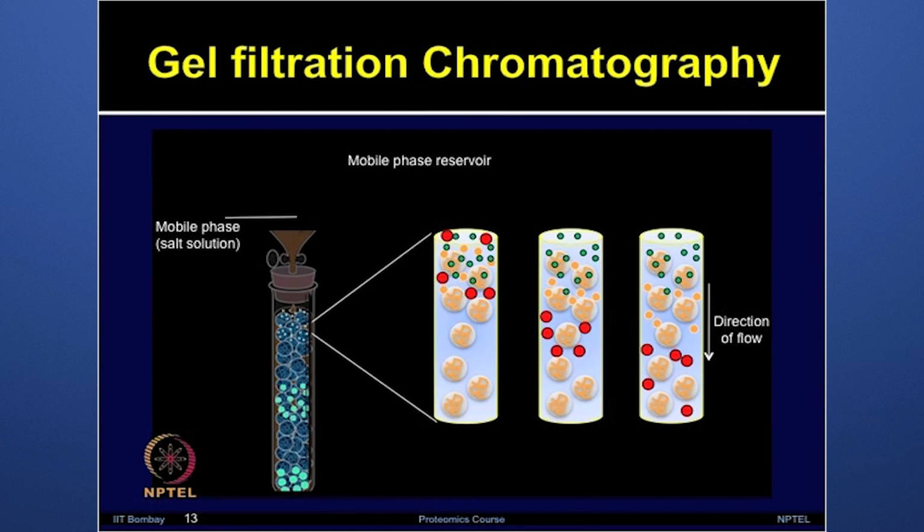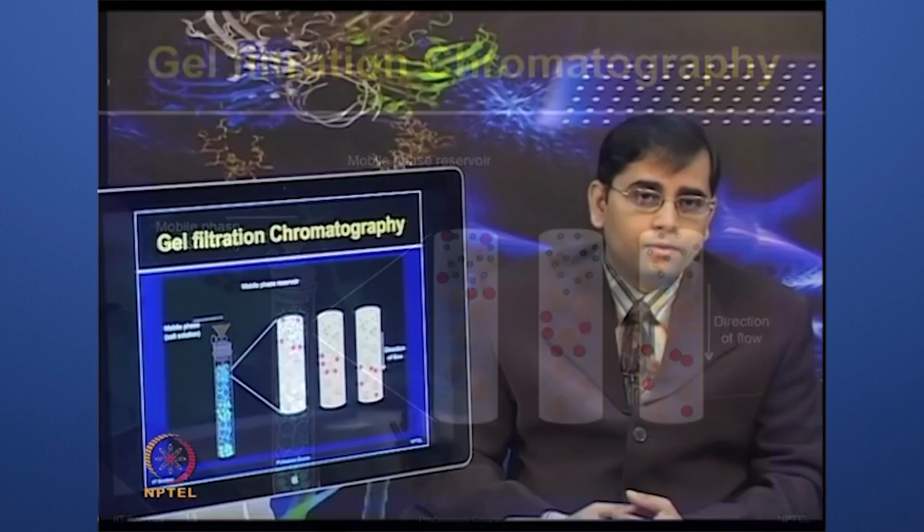Now, when the protein sample is applied to the column, the small proteins pass through the pores of the beads, while the large proteins are excluded. Therefore, this technique is also known as molecular exclusion chromatography.